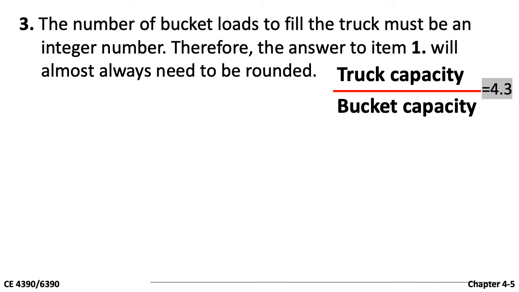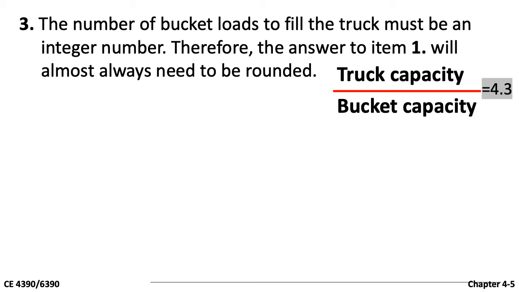The number of bucket loads to fill the truck must be an integer, therefore it will almost always need to be rounded. For example, if you got 4.3, you need to round it up to 5 or round it down to 4.